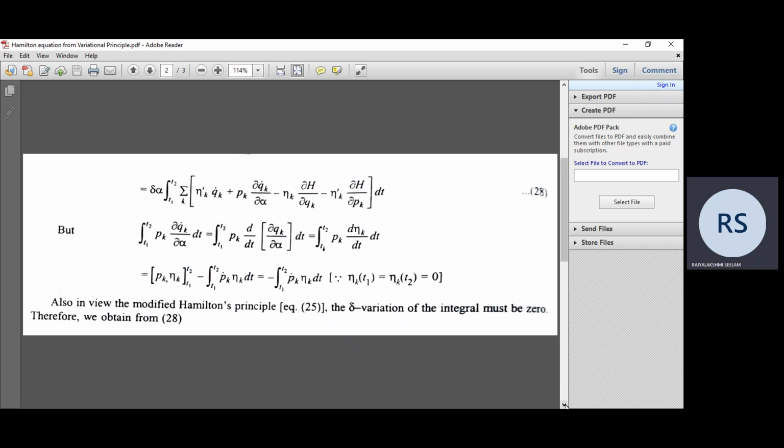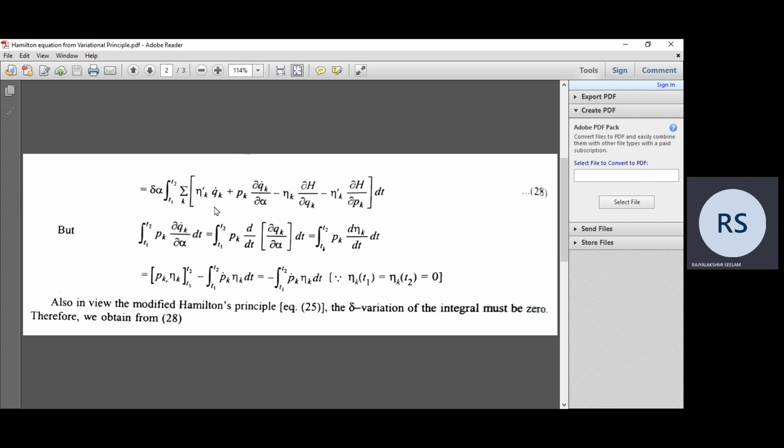Now let us see. Here we have to replace pk δ∂q̇k/∂α with minus ∫ from t1 to t2 ṗk ηk dt. If you replace this term with this term, we will obtain ηk.